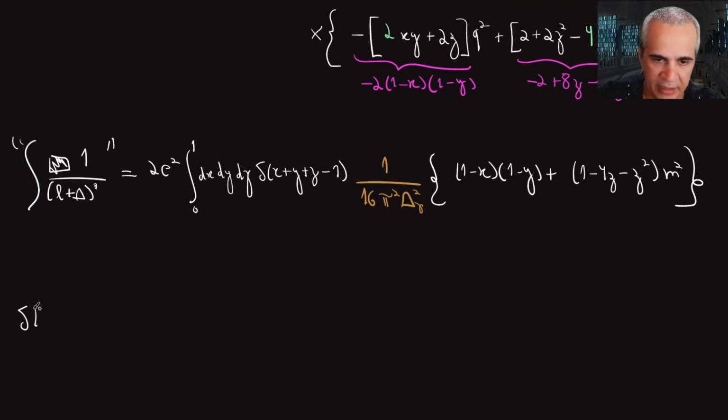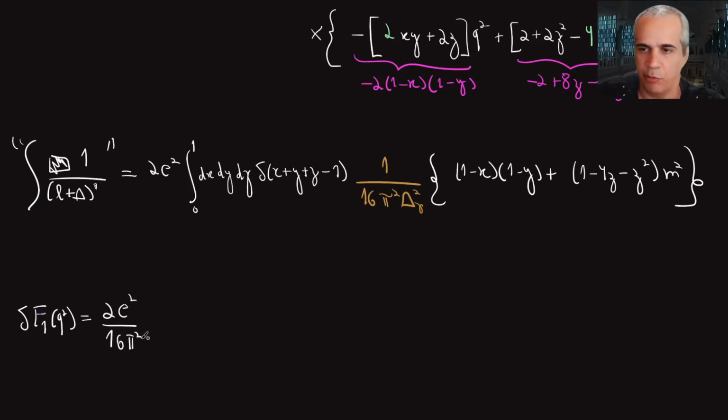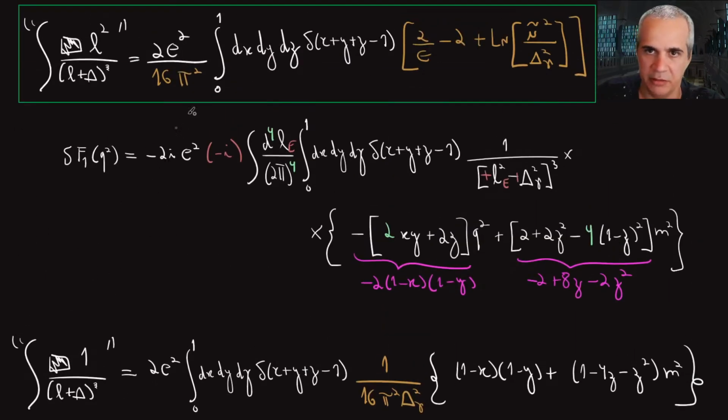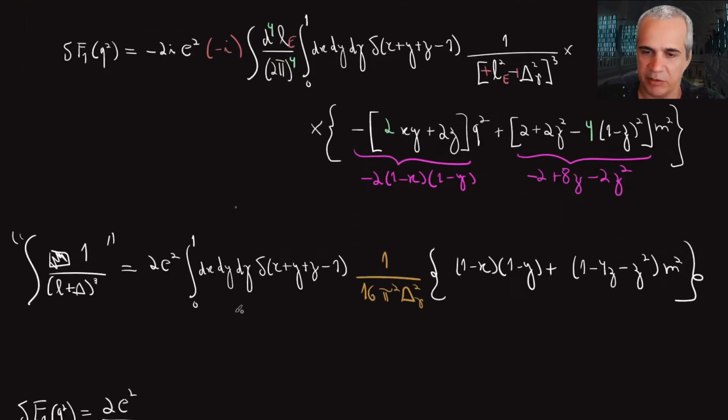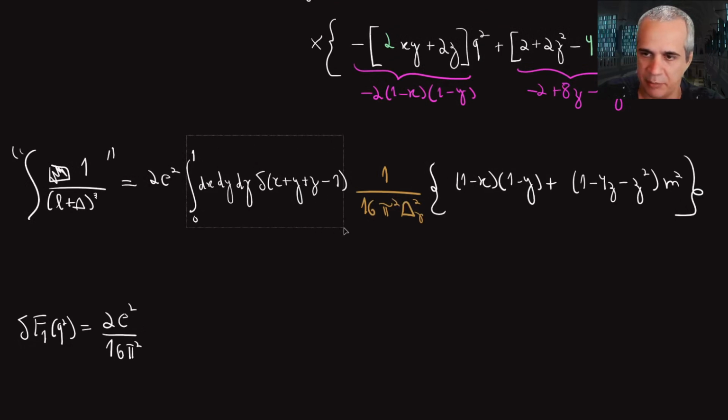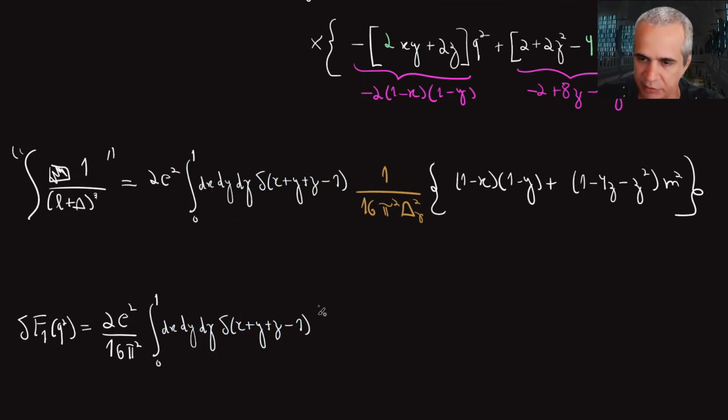Once I add those two, I have delta F1 of Q squared. This is 2e squared over 16 pi squared. That's a common factor for both of them. And of course, the integral in the Feynman parameters is also common. And then I just have to add these with the part that is up there.